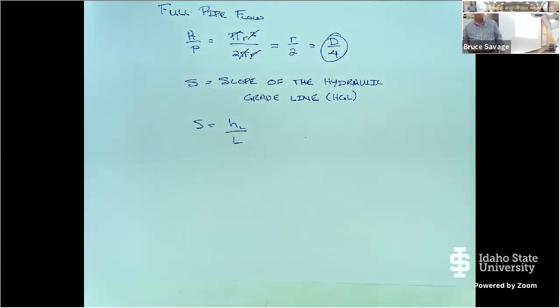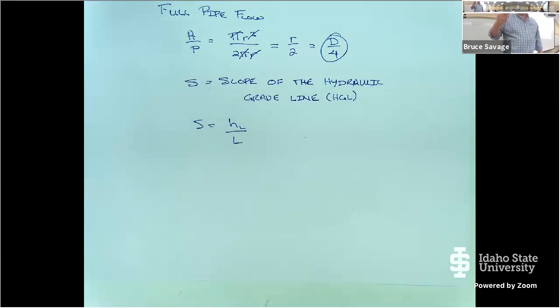Okay. So if I want to find the head loss in my system, I stick that in there for S, and I can solve over the given length of pipe that I have for the head loss in my system. Now remember, head loss has two parts, friction and minor losses, local losses. They're all wrapped up into that head loss term.